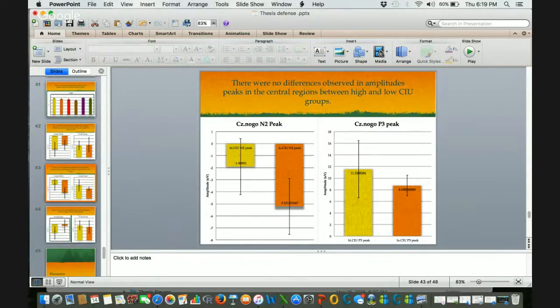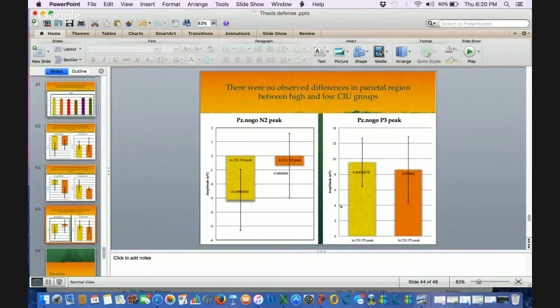But going back to our hypotheses, we said that the higher compulsive internet users will exhibit lower N2 amplitudes, but they do not. But we do see a clear indication that there is a higher P3 amplitude. And again, there were no observed differences in the parietal regions between groups as well.